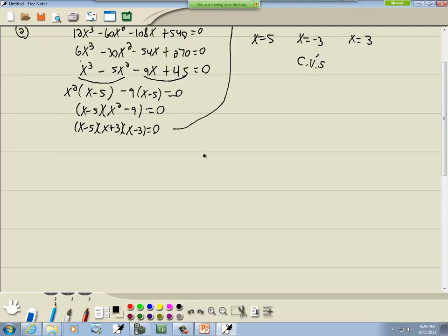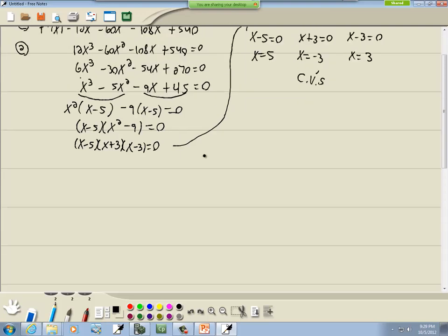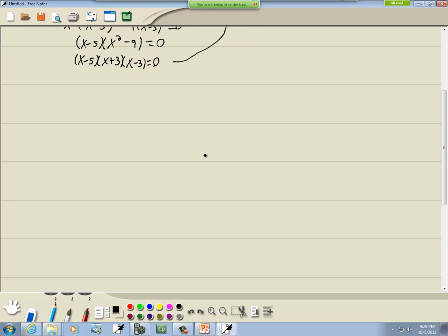Well, let's build our table of intervals. Step 3. Let's see, we got negative 3. We got 3. And we got 5.